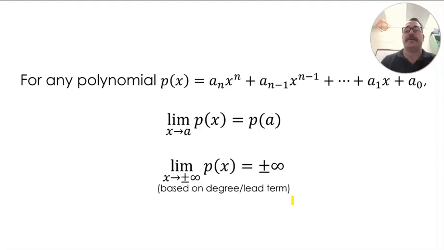Now, if you're just taking a limit as x approaches a value, well, that's a pretty well-defined thing. Polynomials are these nice, smooth graphs.